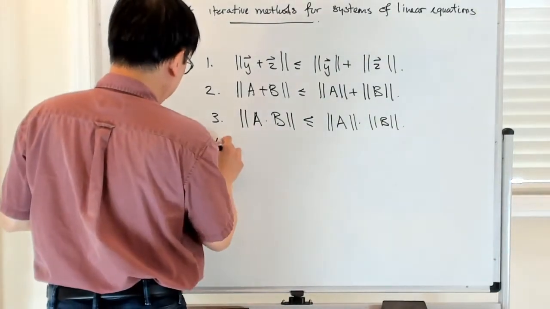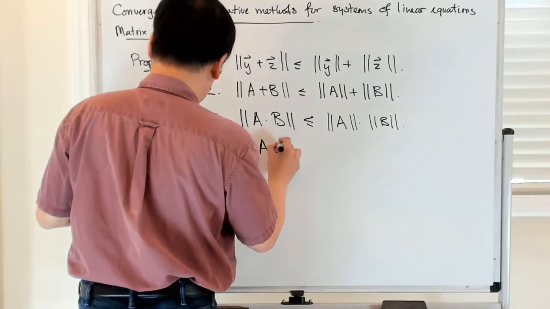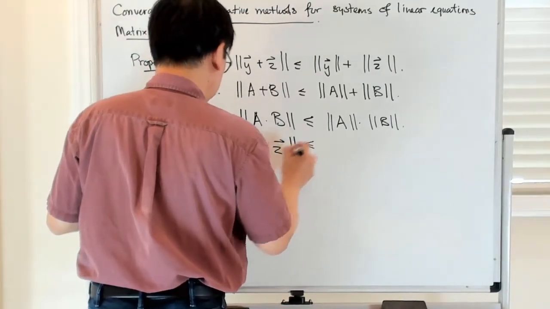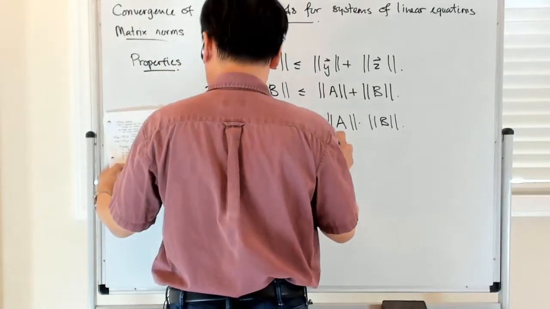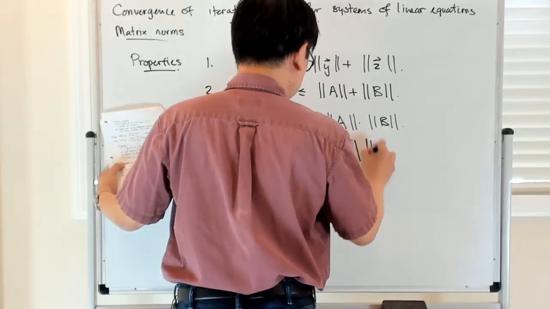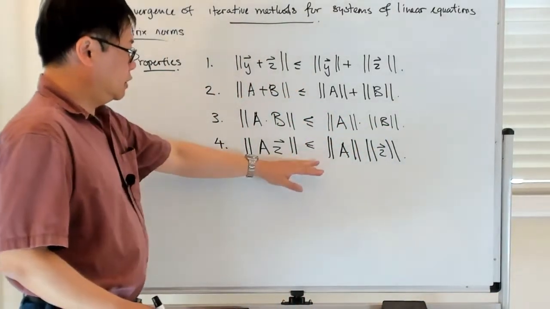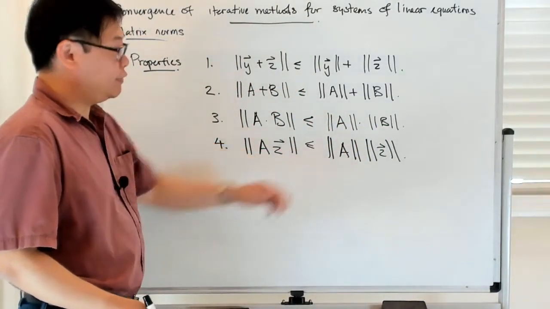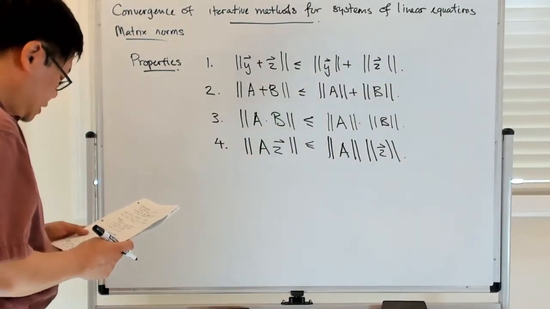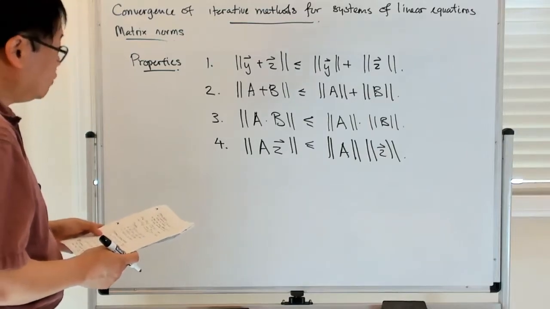And then the fourth thing is that if you have a matrix acting on a vector, the norm of that is less than or equal to the operator norm of the matrix times the vector norm of the underlying vector. You can see that easily from the definition of the operator norm as well. So those are some of the properties that you want.